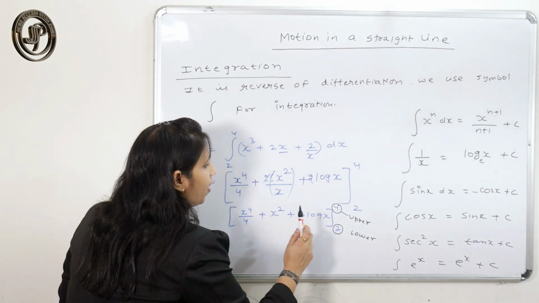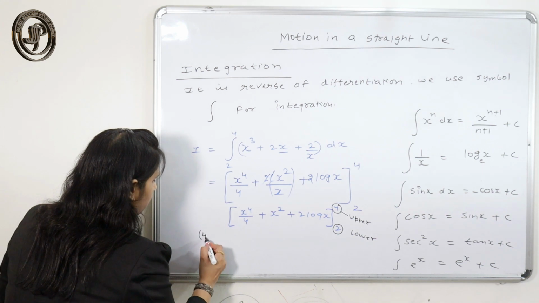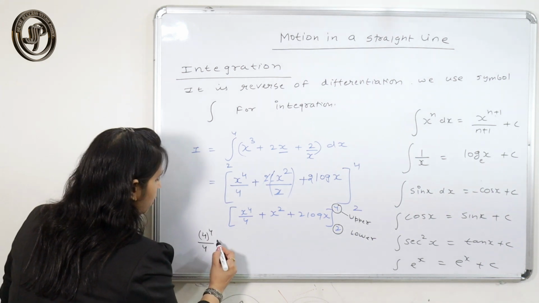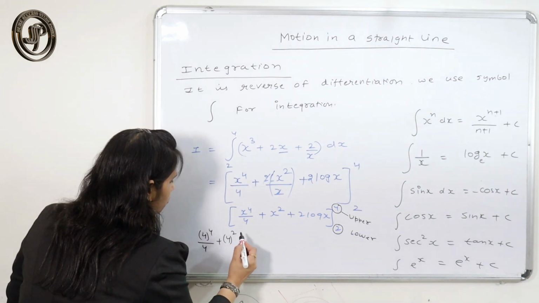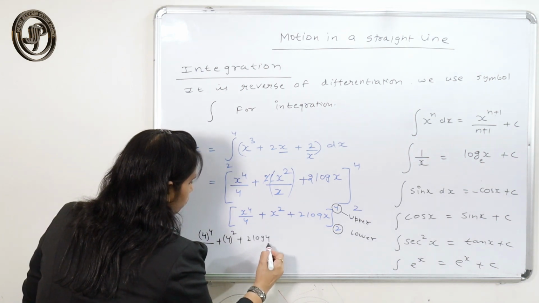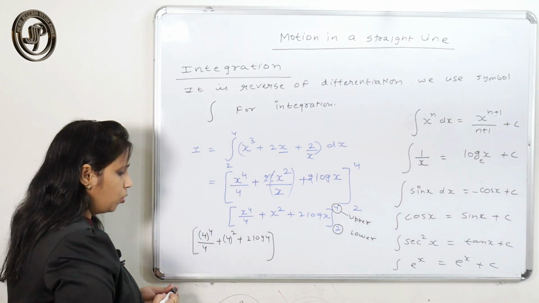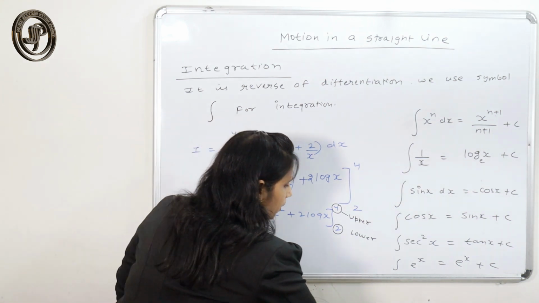In lieu of x, I am replacing x with 4. See, 4 raised to 4 by 4 plus 4 raised to square plus 2 log 4. This is my upper limit.